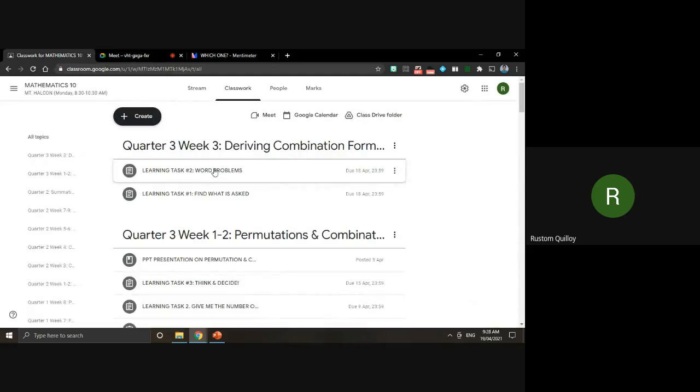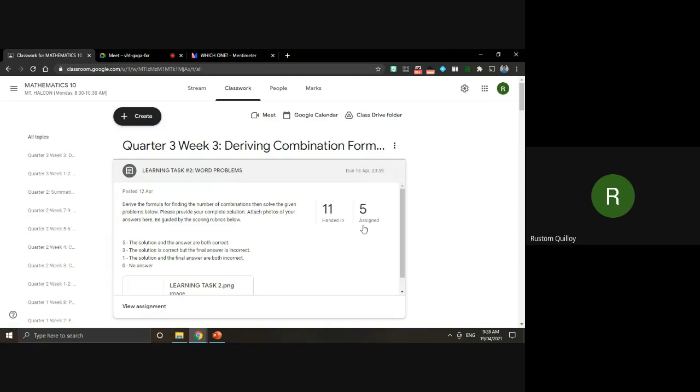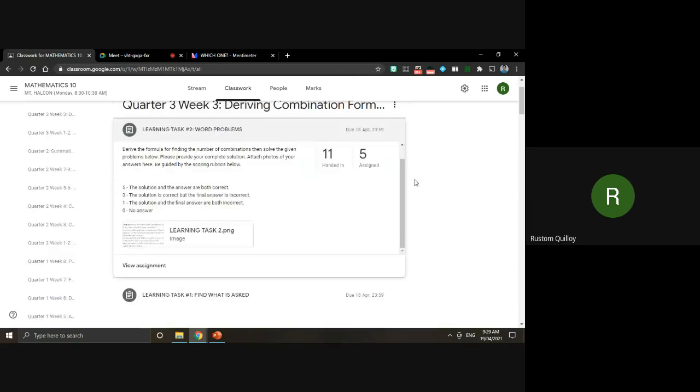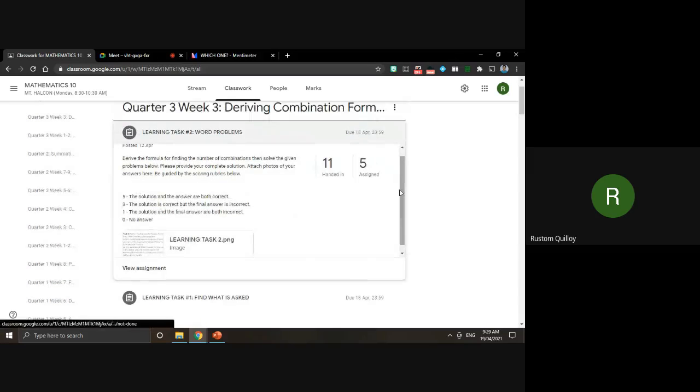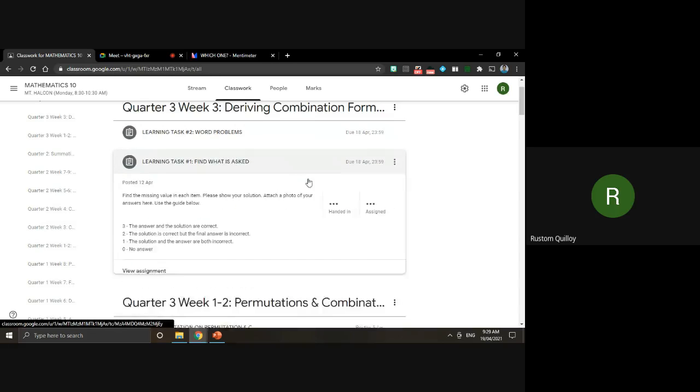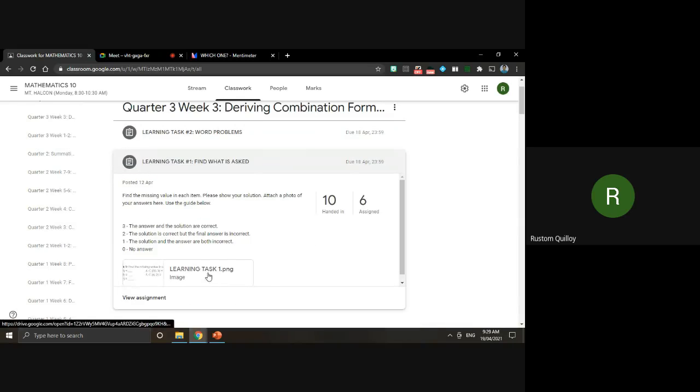So dun sa ating activity, ipagpatuloy nyo lang yung pagsasagot dun sa ating week 3. So dun sa mga hindi pa nakakapagsagot, I hope makapagsagot na kayo since na-deepen pa yung ating understanding about combination and permutations. Yung 5 na hindi pa nakakasagot, please po. Saka dito sa find what is as.